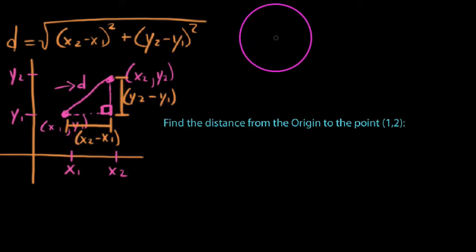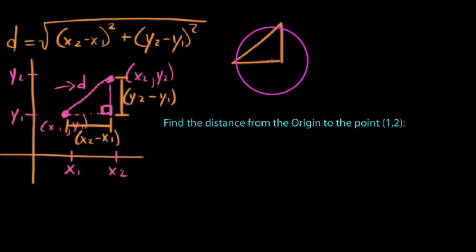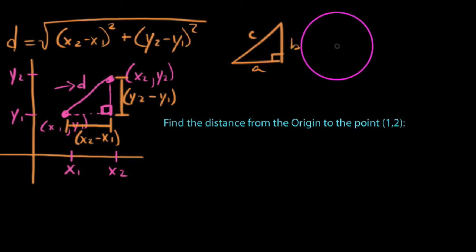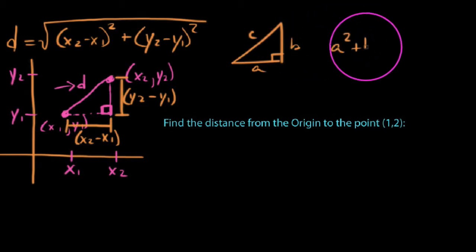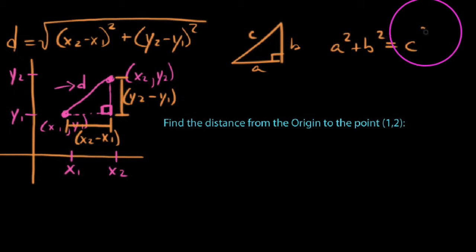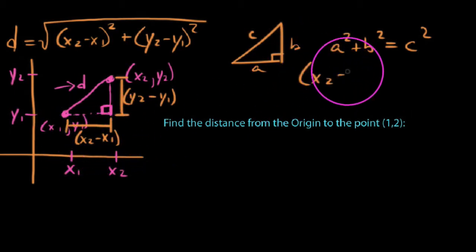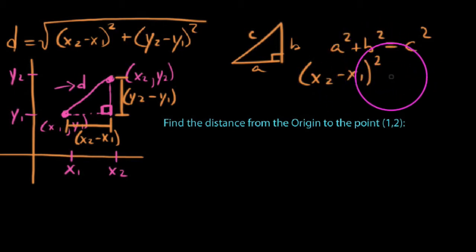And according to the Pythagorean theorem, given a right triangle where we typically refer to C as being the hypotenuse, and we could call the legs A and B, it is always the case that this leg squared plus this leg squared in a right triangle always equals the hypotenuse squared. So in this instance, we'll take the x distance, x2 minus x1, and square it.